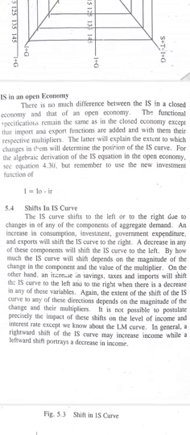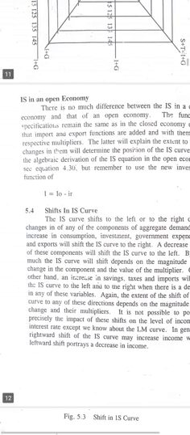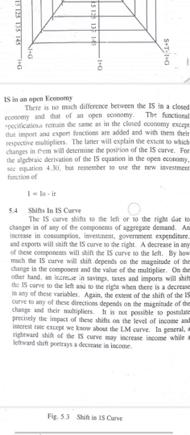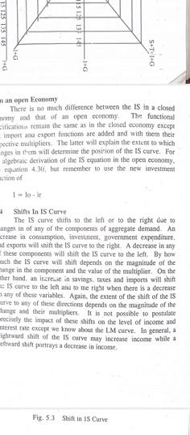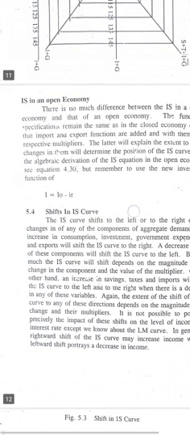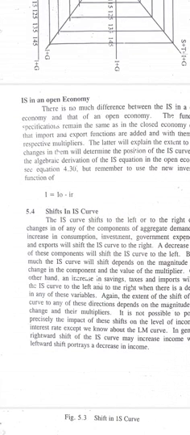The only difference is that import and export are added in the open economy, like I explained earlier. The latter will explain the extent to which the change in them will determine the position of the IS curve. For the algebraic derivation of the IS equation in an open economy, see equation 4.30.